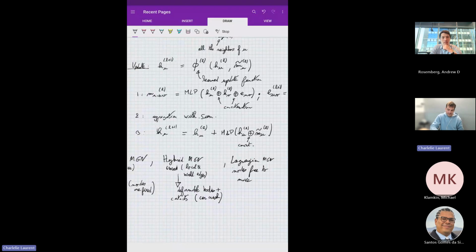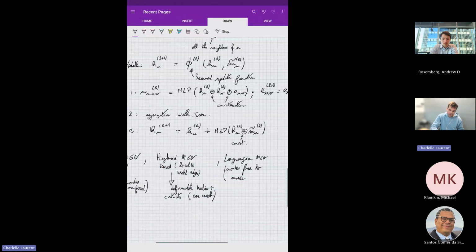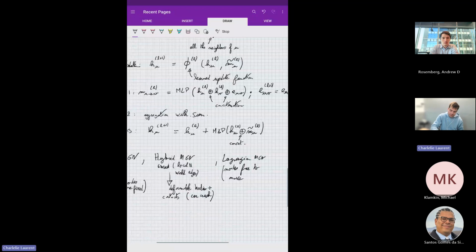So the big difference in comparison to the traditional MGN is that you need to recompute the connectivity. When you do a rollout, it's like an autoregressive model. You go to the next time step, your nodes moved, and you have no idea by how much. So you need to recompute the connectivity at every time step. So that's kind of expensive.